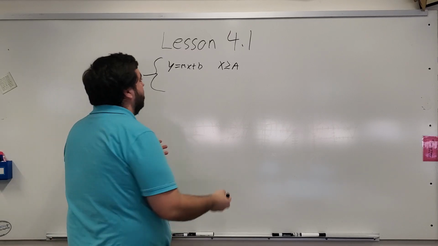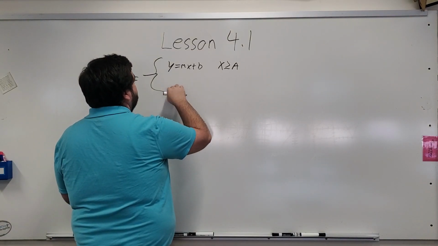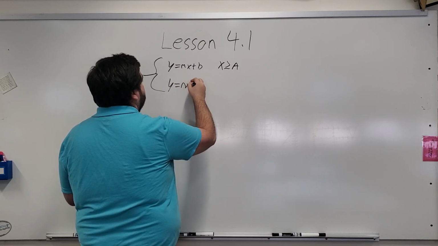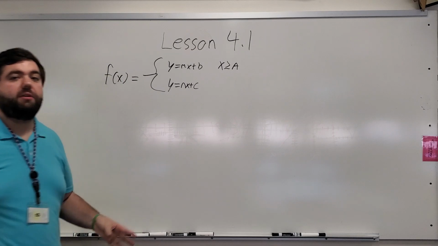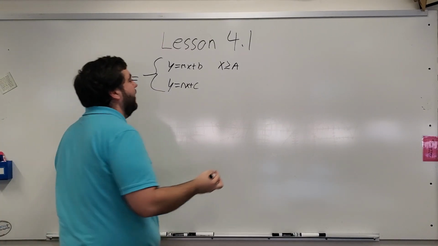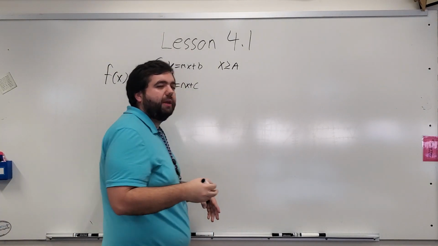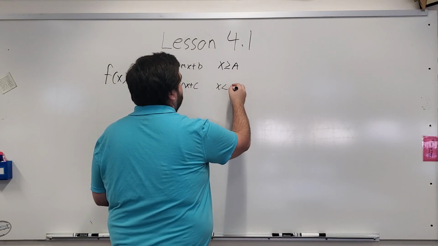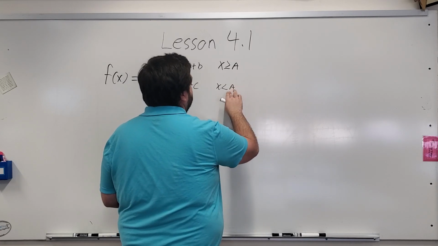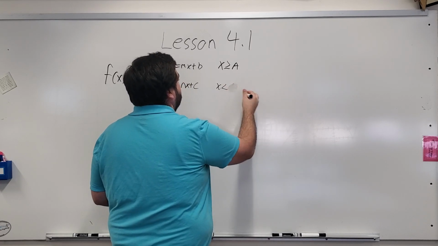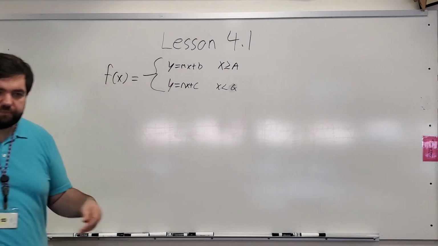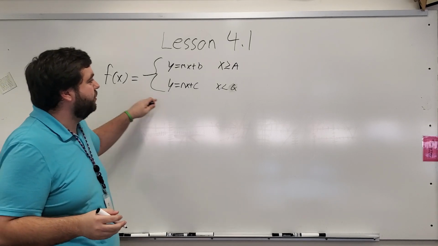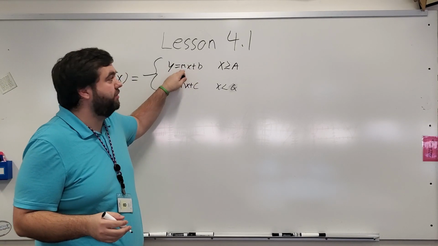Then we'll have a second function, y equals nx plus c, where it's some different function, and that will typically pick up at the same domain, but it doesn't have to be. So we could have something like x is less than a, but we could also have maybe x is less than q, right?